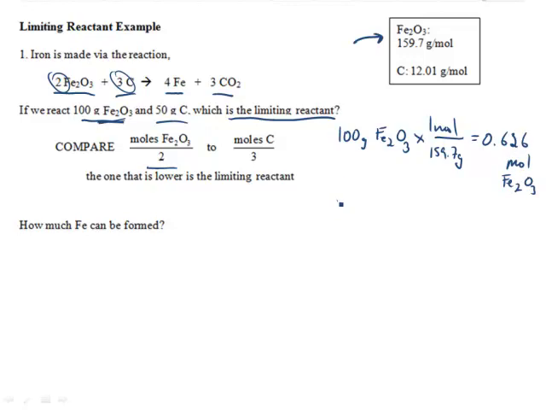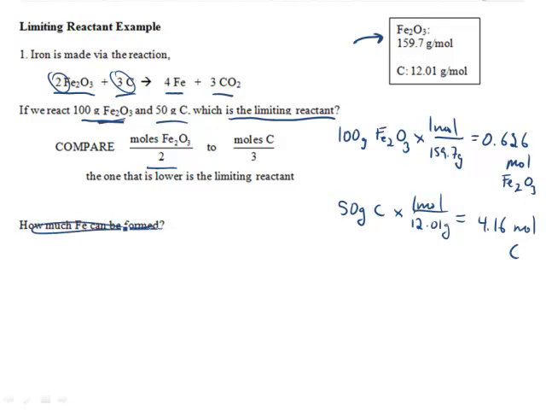And then if we take 50 grams of carbon, we'll multiply by 1 mole over 12.01 grams. That's the molar mass for carbon. That's 50 divided by 12.01, which comes out to 4.16 moles of carbon.